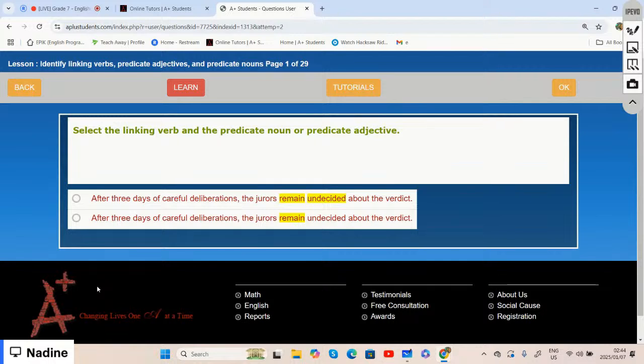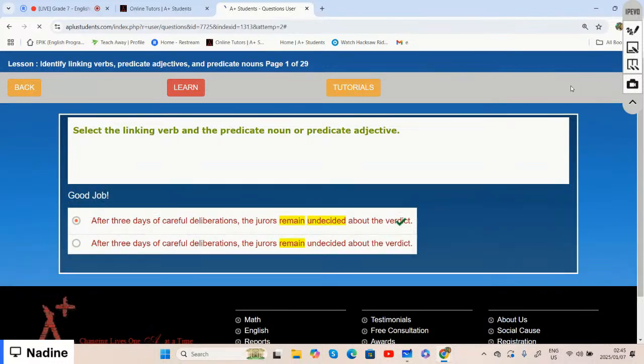All right. And if we were to choose the correct option, yes, we will choose the first one, which is remained undecided. Option one, remained undecided.